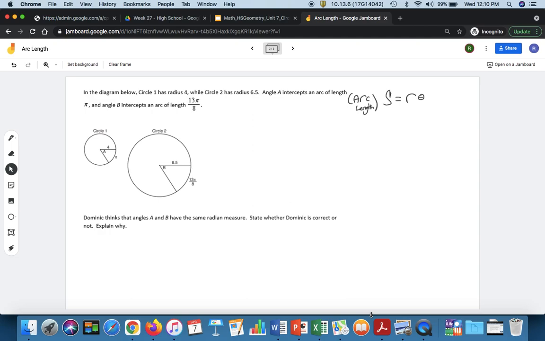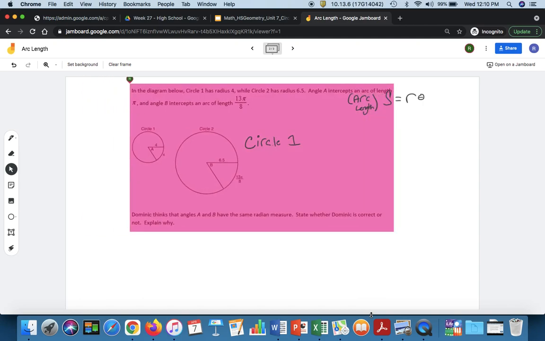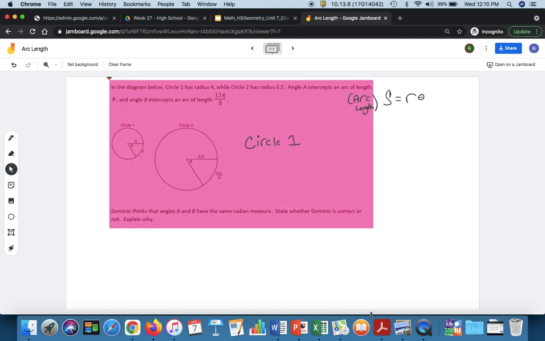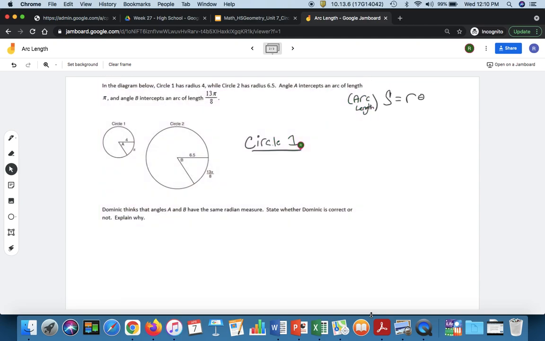So let's label. Let's have our first circle. Let's call it circle 1. And I see one of my C's kind of look like an E there, so let's fix that. So circle 1. And we're going to say that circle 1 is equal to S equals r times theta.